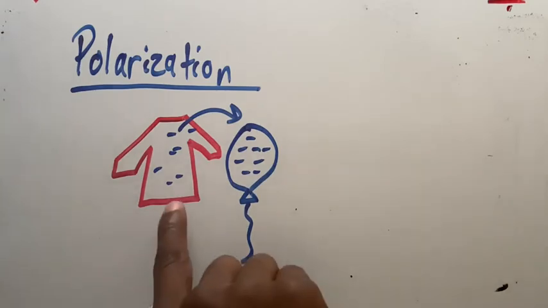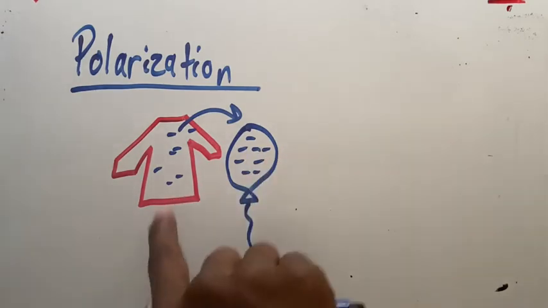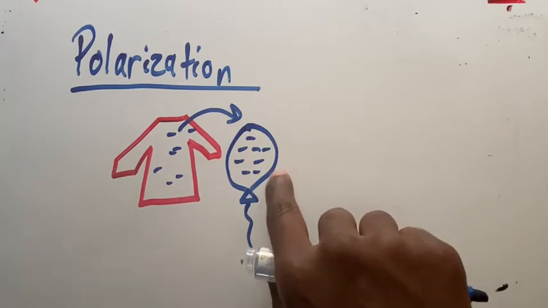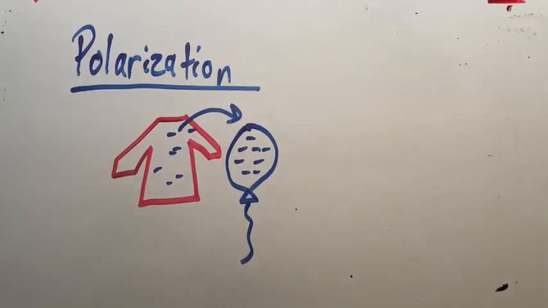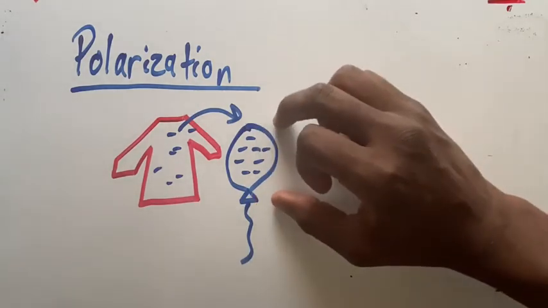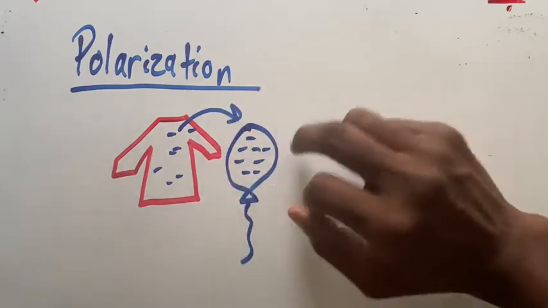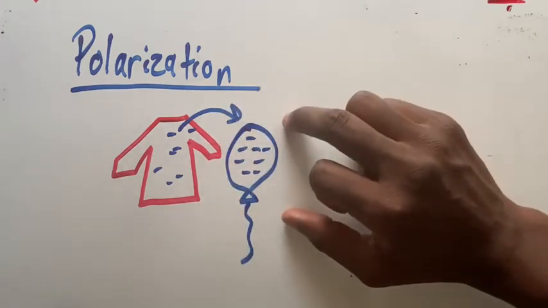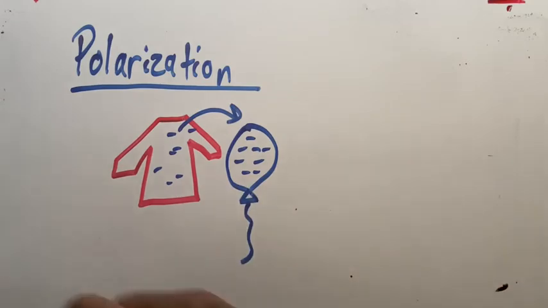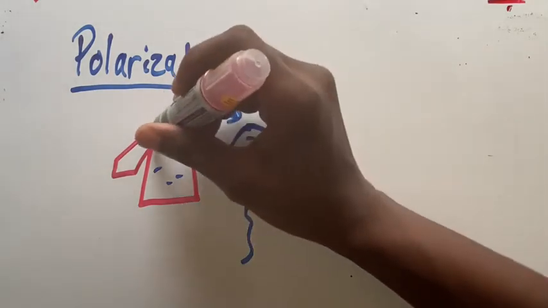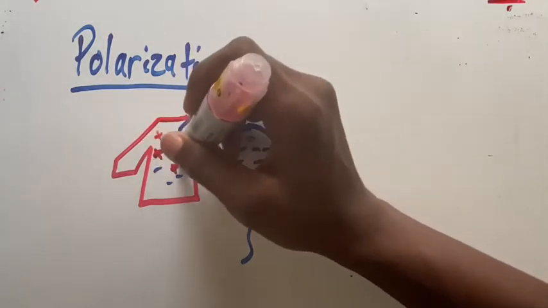So now the electrons on the shirt get pulled onto the balloon, right? So then now the balloon has some net negative charge. And now the shirt has some net positive charge because it lost its electrons.